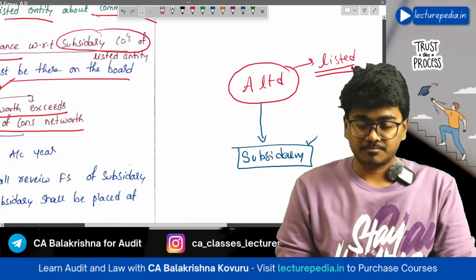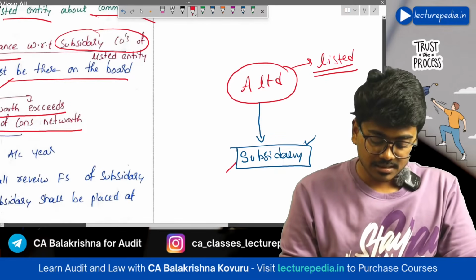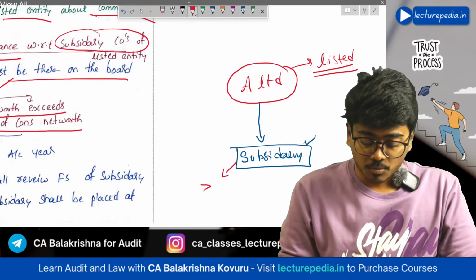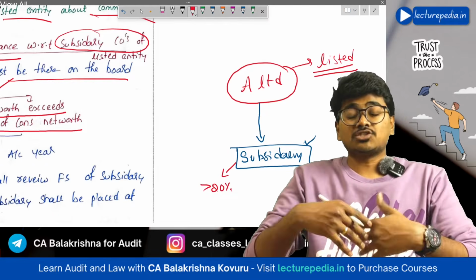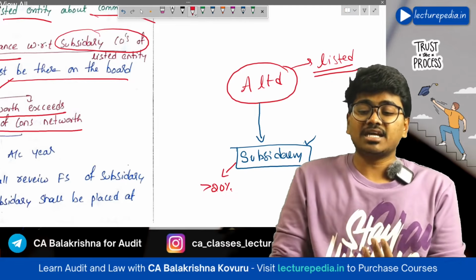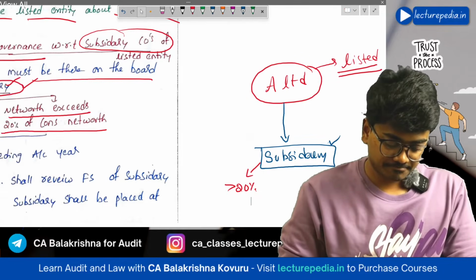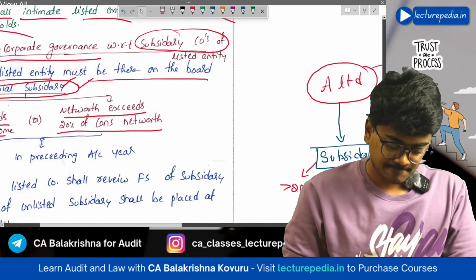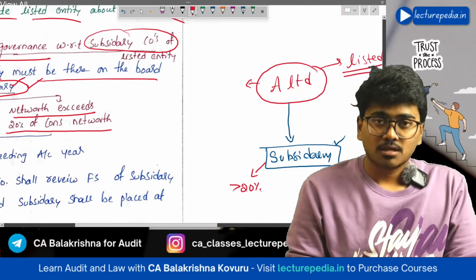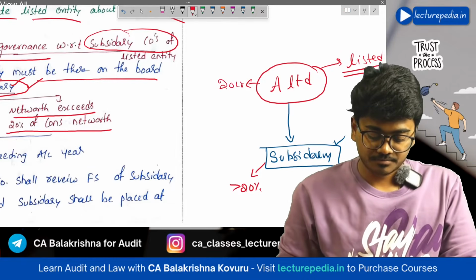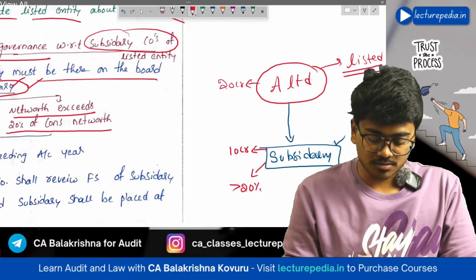Now, if the income generated by this subsidiary is more than 20% of consolidated income. Consolidated income means you should add income of both A Limited and subsidiary. Let's say A Limited makes a profit of 20 crores, and subsidiary makes profit of 10 crores.